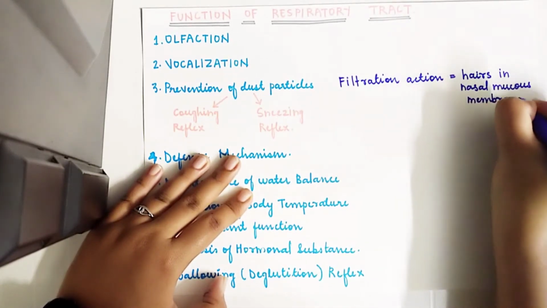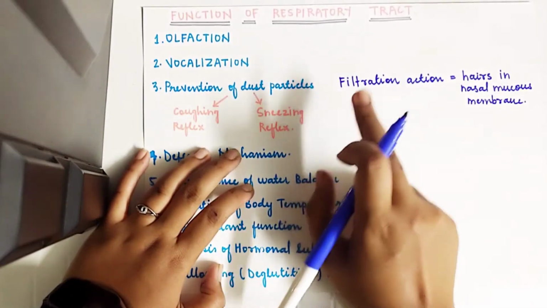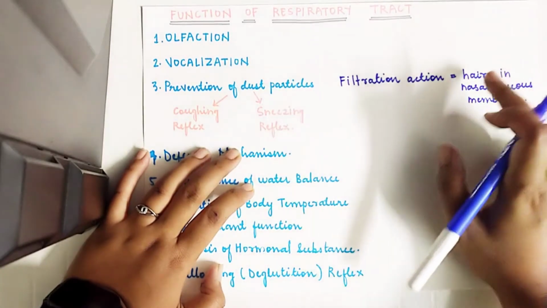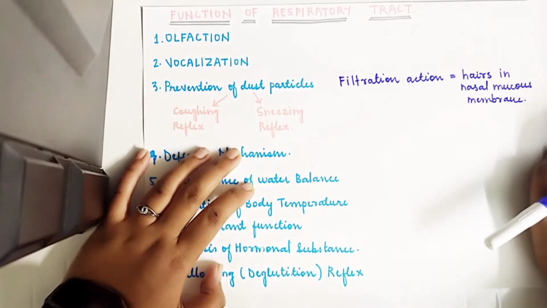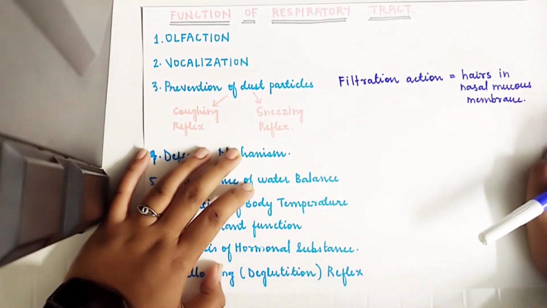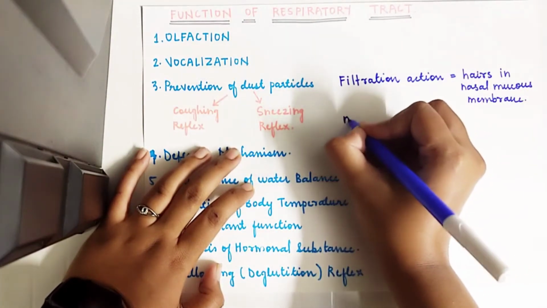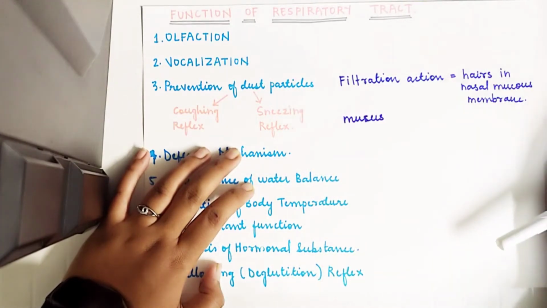Okay, so firstly the prevention will be from the filtration action, given by the hairs in the nasal mucous membrane. Now the small particles which escape the hair are held by the mucus, which has been secreted by the nasal mucous membrane.